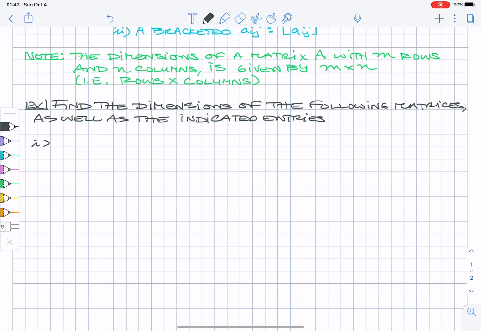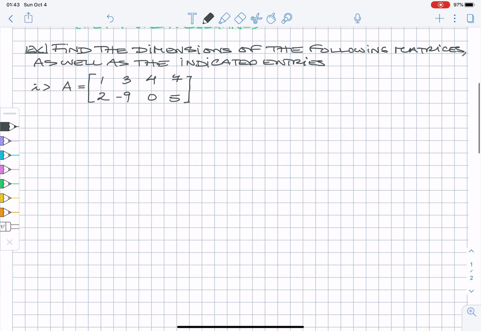Okay, so number 1, let's say we have matrix A, it's always going to have this square bracket. So let's say first column is 1, 2, second column is 3, negative 9, then 4, 0, and then maybe 7, 5. End bracket. Okay, so I'm going to rewrite A neatly. So I have 1, 2, 3, -9, 4, 0, 7, and 5.